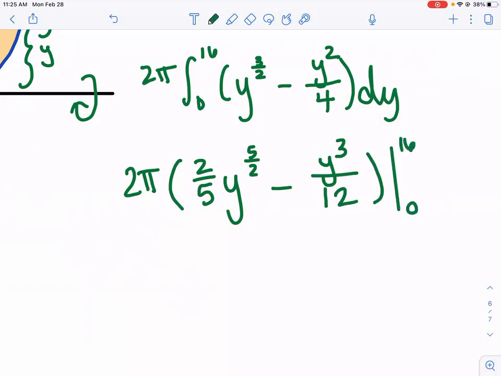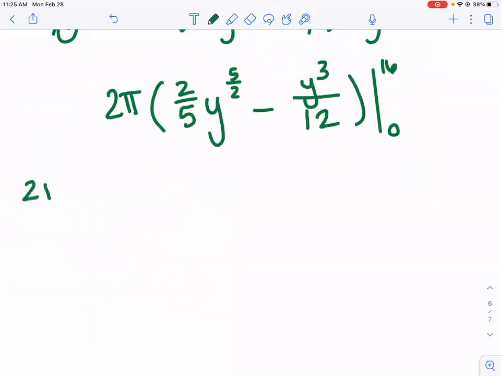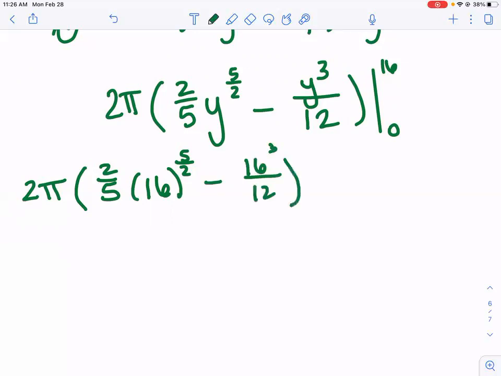Okay, so we integrated it by hand, but we still totally need our calculator. Well, let's see. So we have 2/5, 16 to the 5/2 minus 16 cubed over 12 minus 0.